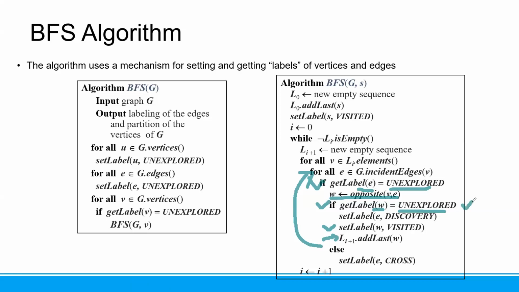C is unexplored? Yes, because C is unexplored. Now AC becomes a discovery edge, and then we will set the label C as visited, and then we add C to L1.